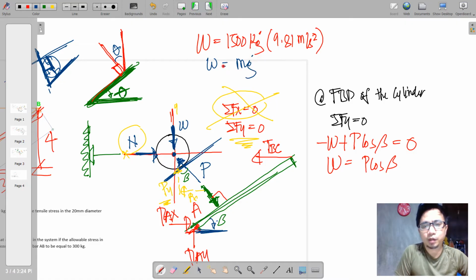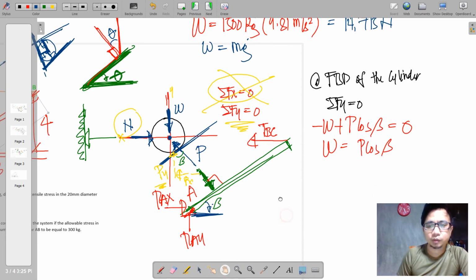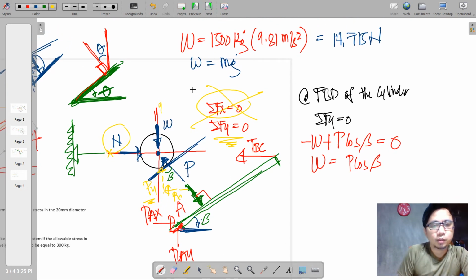We know that very well. So computing for W is actually 14,715 newtons.